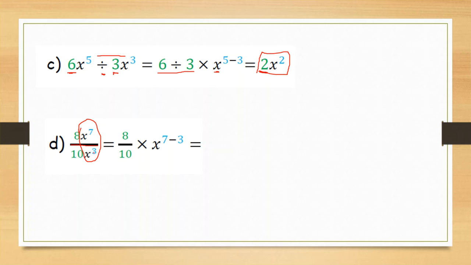It goes 7 take away 3. So we get x to the 4. So we get 4 over 5, which is a simplified fraction here. We're dividing by 2. To get 4 over 5 and x to the 4.